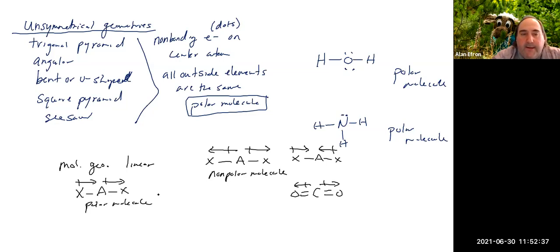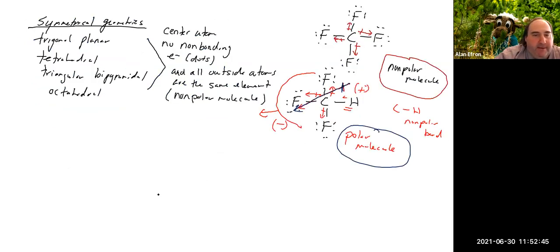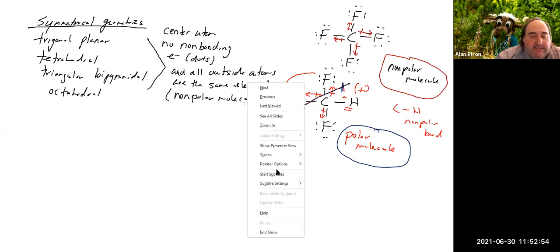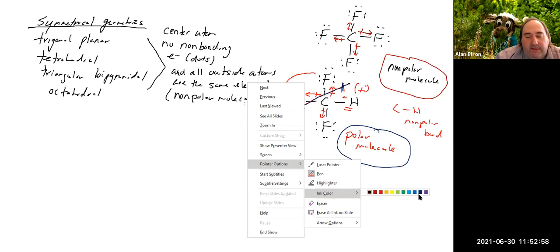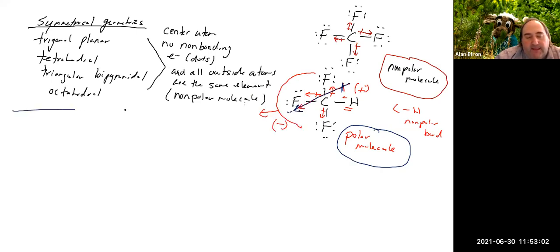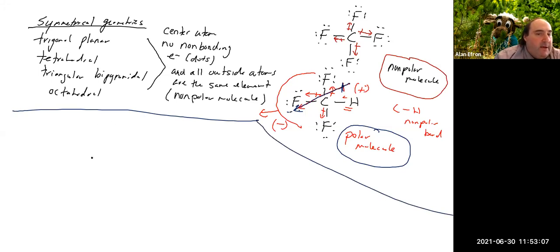Now, I know I talked about symmetrical geometries and the idea that pretty much it is when we draw a Lewis structure and there's no dots on the central atom. There are actually two exceptions where you could potentially have a molecular geometry that you draw that actually has dots on the central atom, but still be nonpolar.